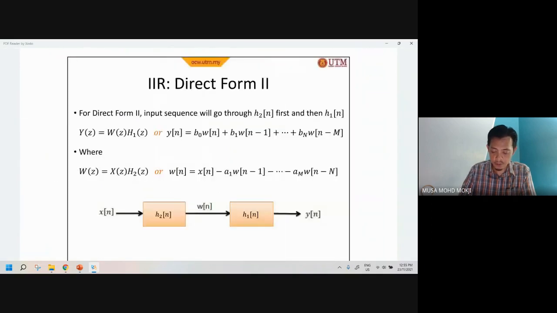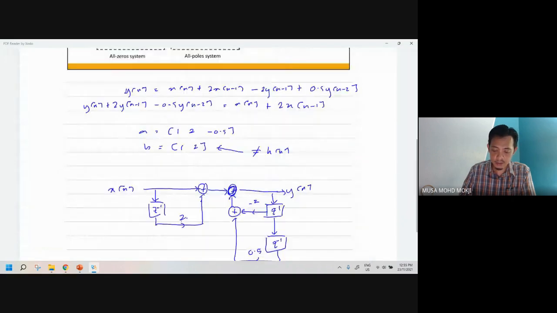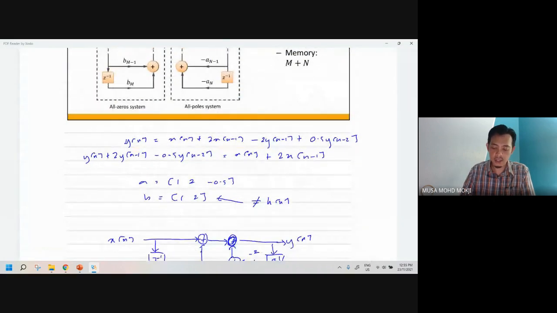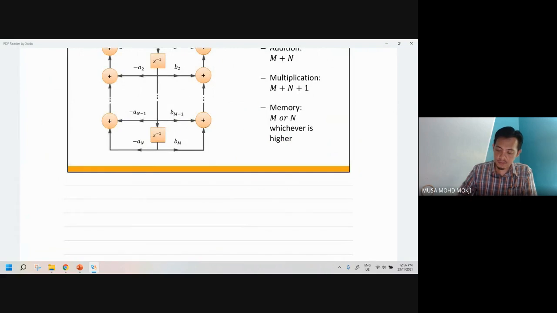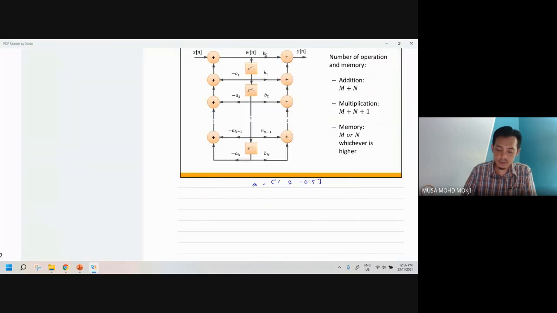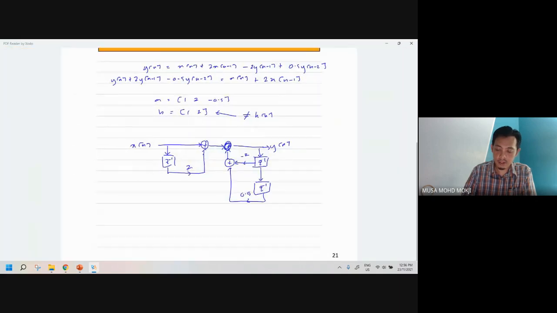So if we go back to our example, let's go back. So the A, try to memorize this. A is equal to 1, -2, 0.5. Hopefully I'm not mistaken on the negative.